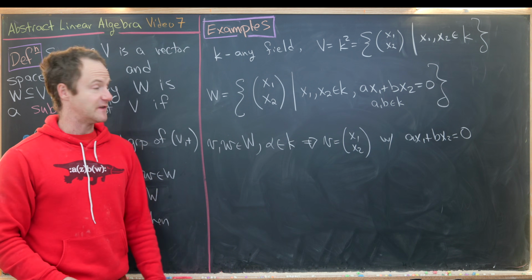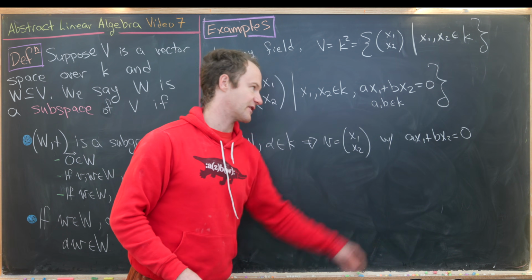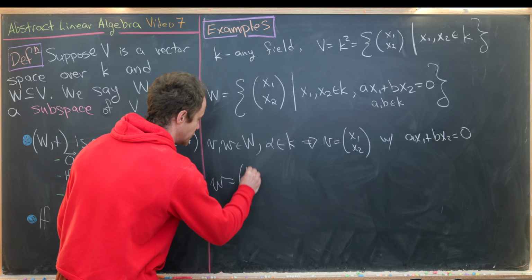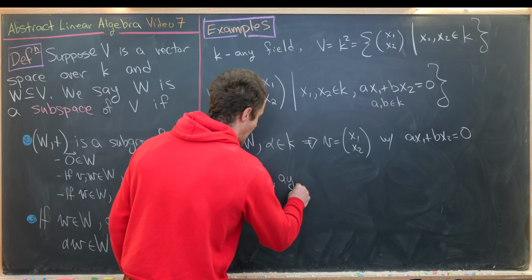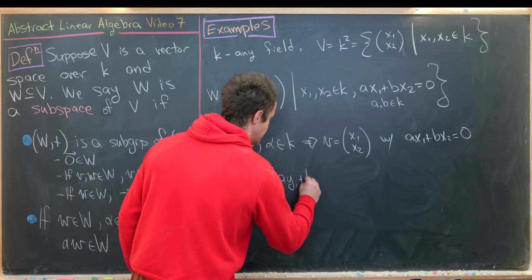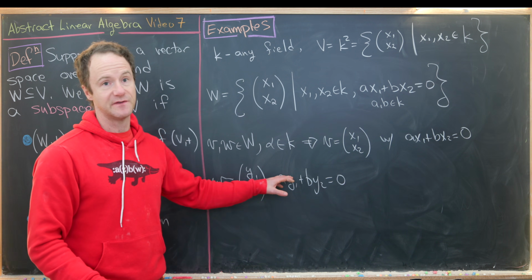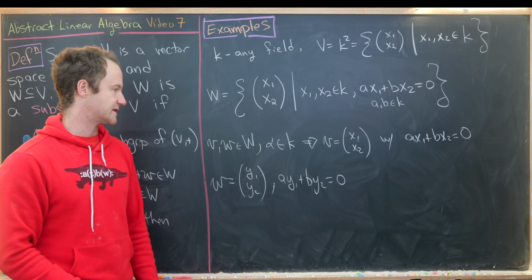That's the entry fee to be inside of W, that when you combine the components like this, you get 0. And then w will be equal to (y1, y2), where a y1 plus b y2 equals 0. Again, that's the entry fee into W.